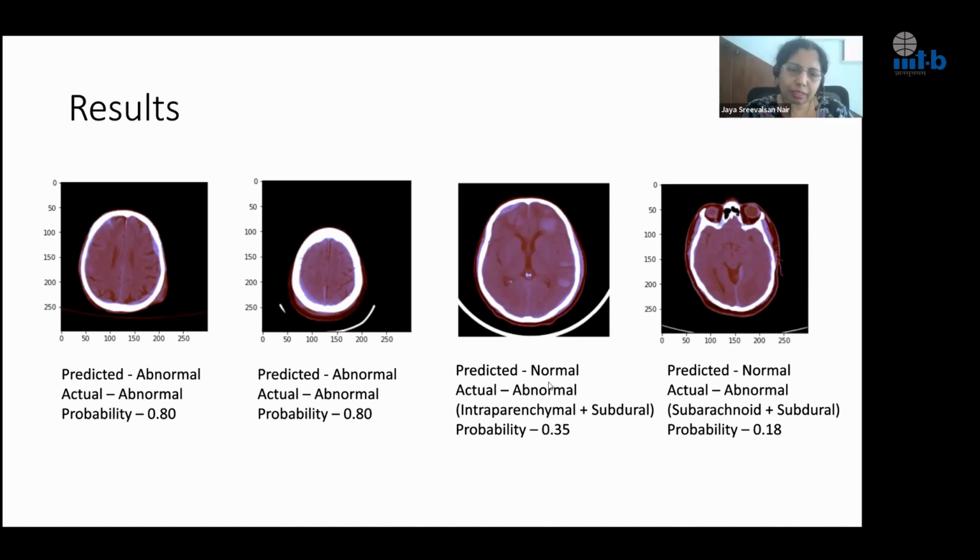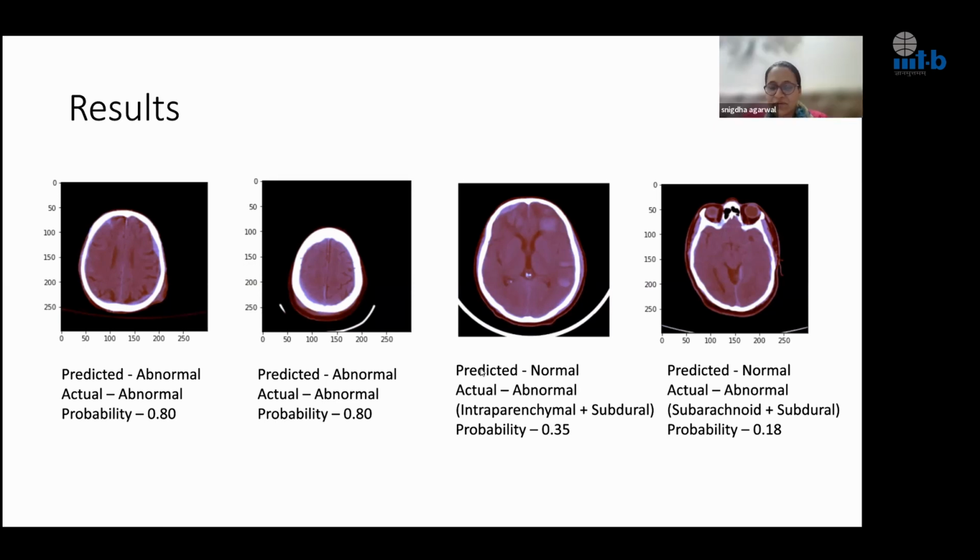So for each slice, do you give a probability of a certain hemorrhage type? Because you said it's a multi-label classification, right? So is it deterministic or probabilistic, the way you present the results? Right, ma'am.